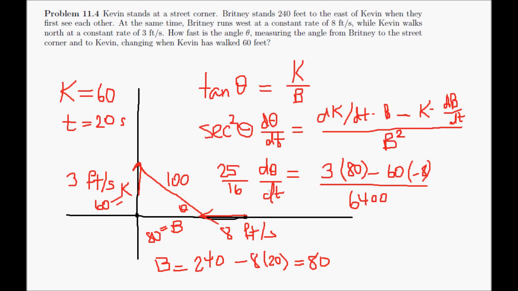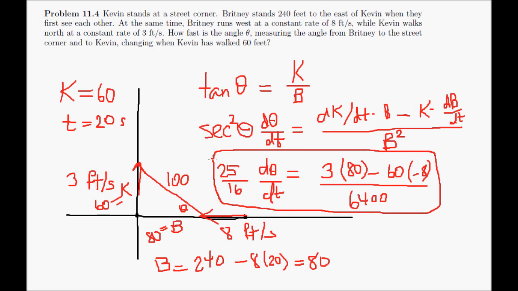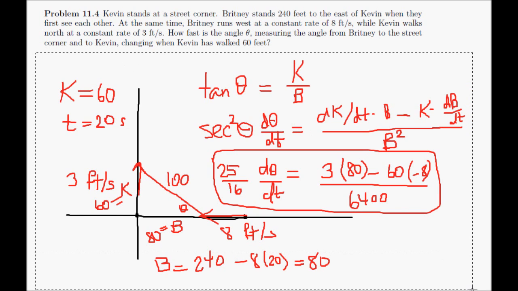Okay, so d theta dt is equal to 240 plus 480 divided by 640 over 25/16. So then we simply have a simple equation here to solve for d theta dt. I won't do the numerics for the sake of time. The answer will be some number in radians per second. Radians per second, not degrees per second, because in calculus everything is measured in radians.